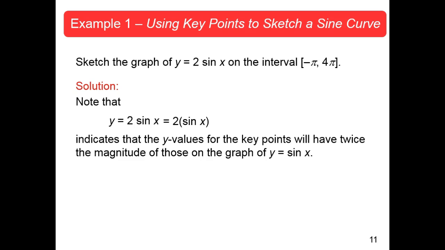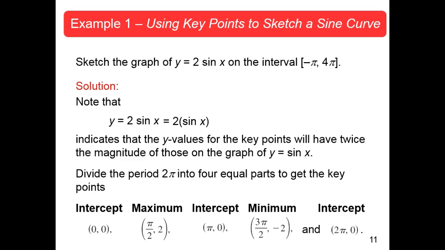That indicates the y values for the key points will have twice the magnitude of those for y is equal to sine x. So that's why we have a vertical stretch. Now, rather than going from -1 to +1, it's -2 to +2. Your zeros stay your zeros. The intercepts don't change, because 0 times 2 is still 0.